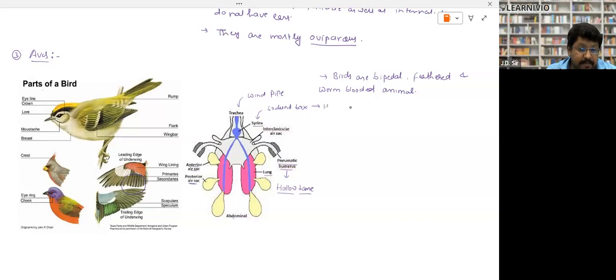The hind limbs are adapted for walking, like ostrich and all that. Walking, ostrich, hen, walking, comma, perching or swimming.